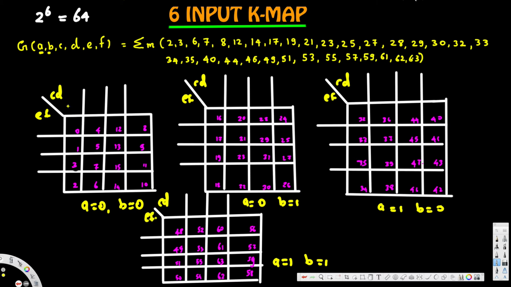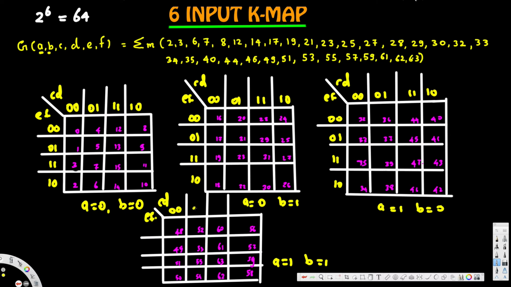Then we number each of them 00, 01, 11, 10, and 00, 01, 11, 10 for each table. Okay, now we have labeled everything.